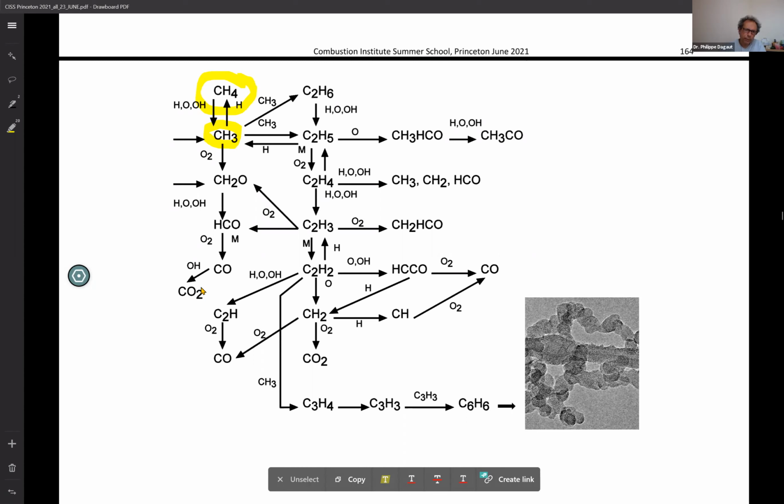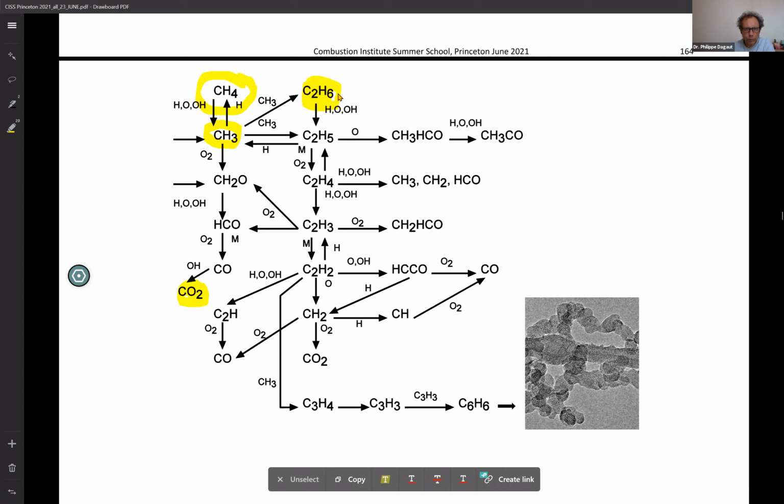And then we have converted the fuel into the final product, CO2. On the other hand, if we recombine methyl radical and produce ethane, a C2 species, then we have a different behavior.